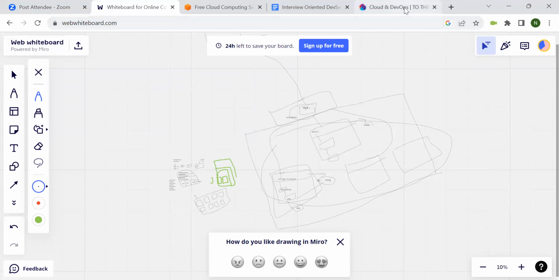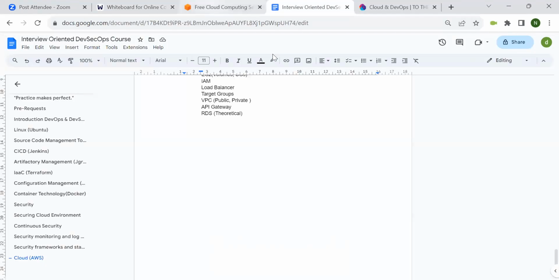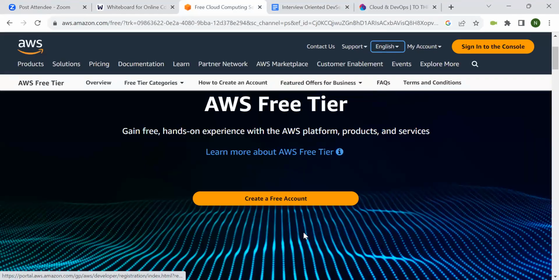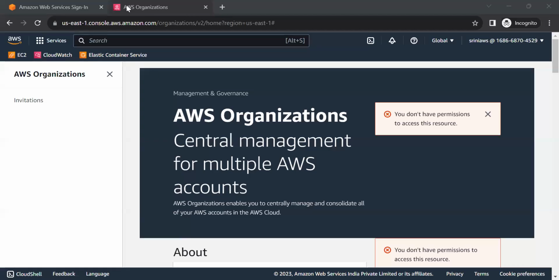And one thing which I forgot to mention is, okay, let's get back to our services. Okay, any questions, guys, so far? So yeah, there is something called AWS Organizations. The person XYZ will have access to this.